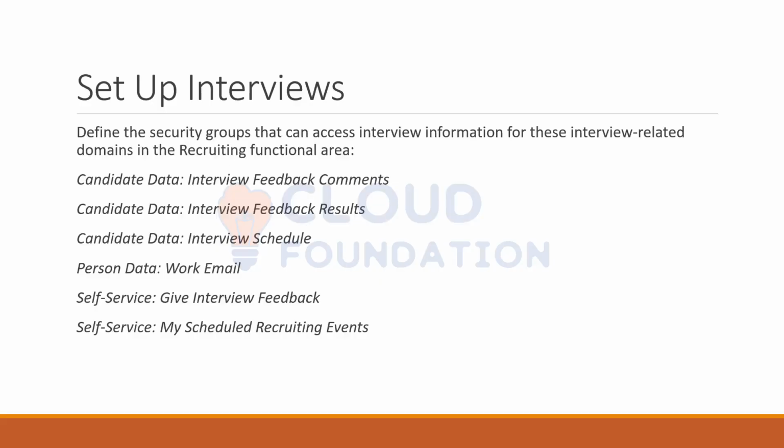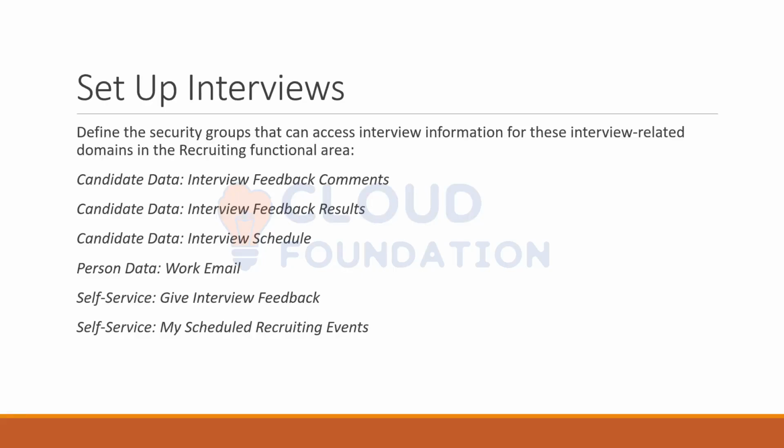Over here we can see certain domains wherein we can give access to the security groups who will be participating in conducting the interviews. The first domain is interview feedback comments. Which security groups will be able to view interview feedback comments, and also give interview feedback comments.